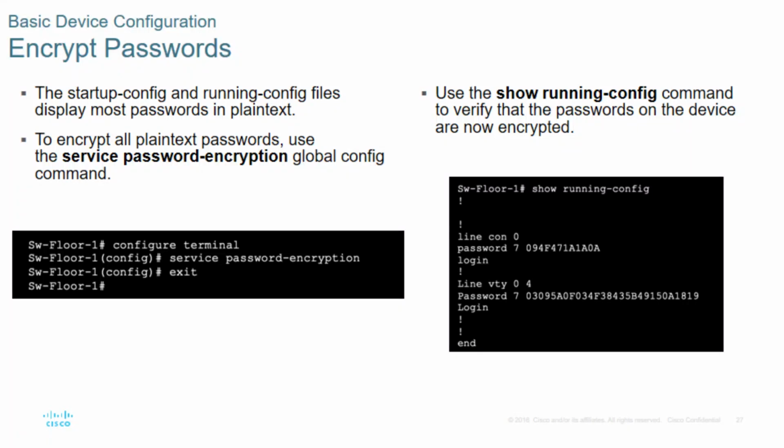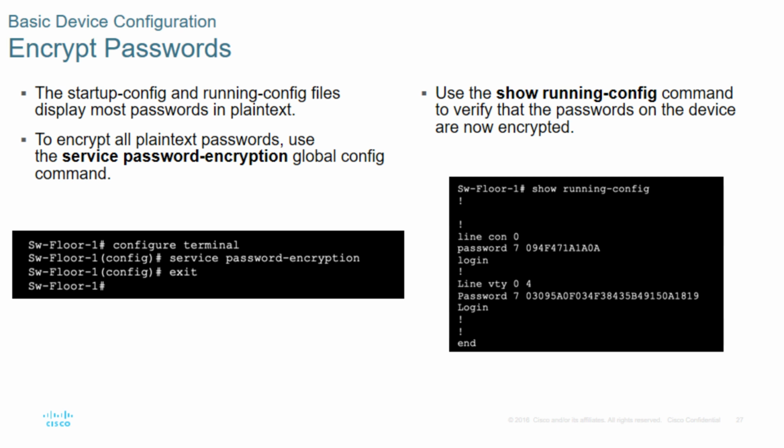Now encrypt the password. The startup config and running config files display most passwords in plain text. This is a security threat because anyone can discover the password if they have access to these files. So to encrypt all plain text passwords, use the service password-encryption global configuration command as shown in the example on your screen, right?